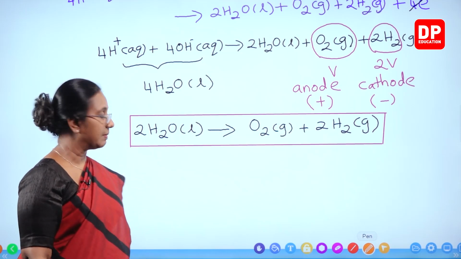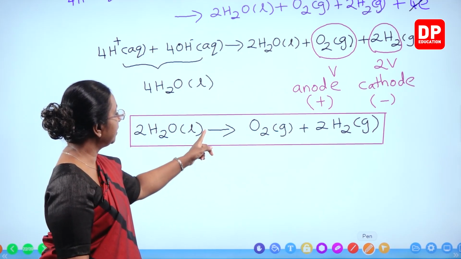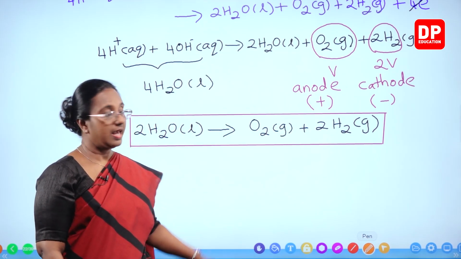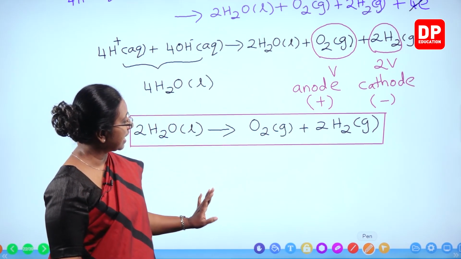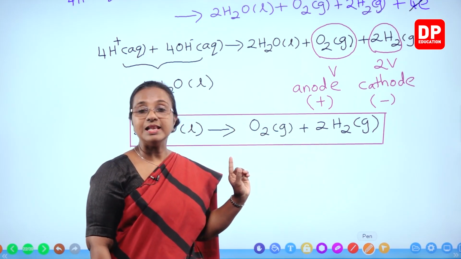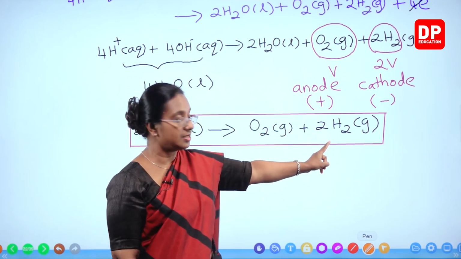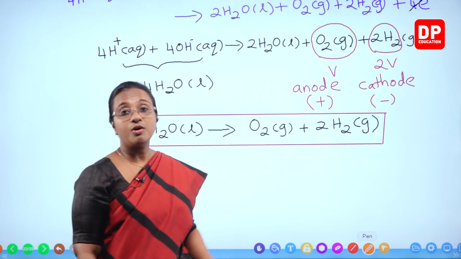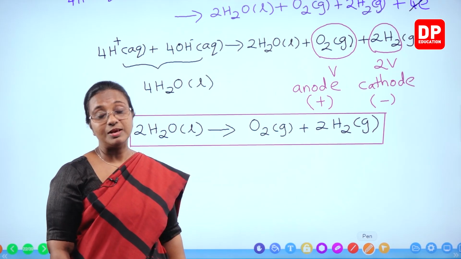You have to remember that. 2 water liquid giving rise to O2 gas and 2H2 gas. And from this, you can easily understand the volume ratio between O2 and H2. This is 1, this is 2. So since the ratio is 1:2, the gases are also collected in that particular manner.